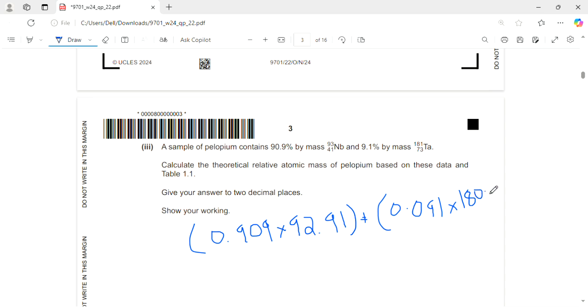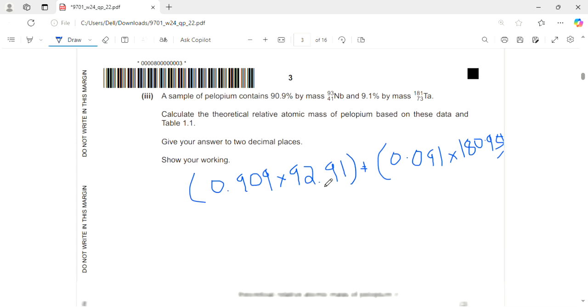So what will we get after multiplying? 0.909 multiplied by 92.91 is 84.45, plus 0.091 multiplied by 180.95.